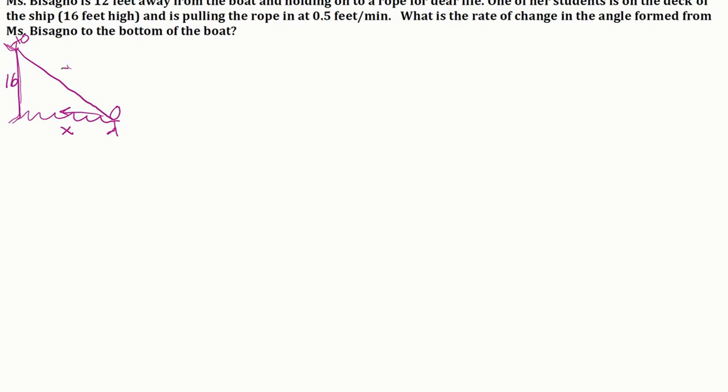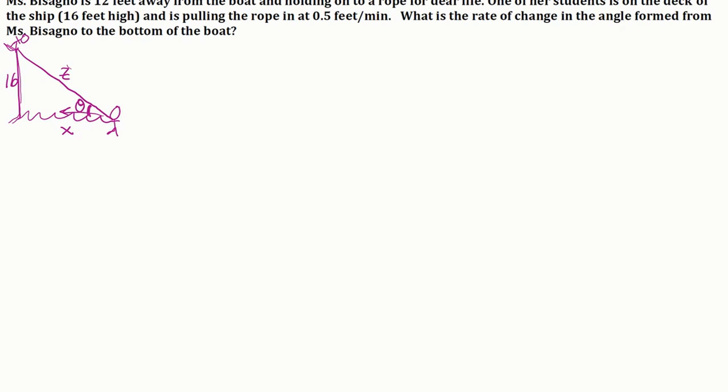So that, I'll call that Z. So Z is changing because the rope is being pulled in. And we are finding the rate of change in the angle formed from Miss Bisagno to the bottom of the boat. So we are looking at a rate of change of an angle here. So I need to also label my angle, and I'm going to label that theta.